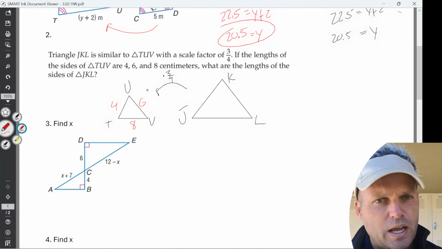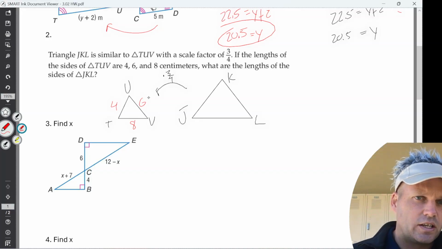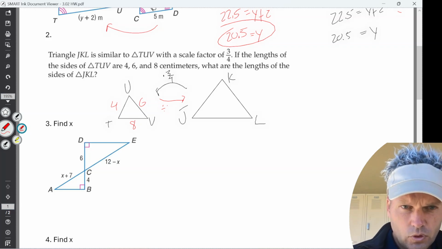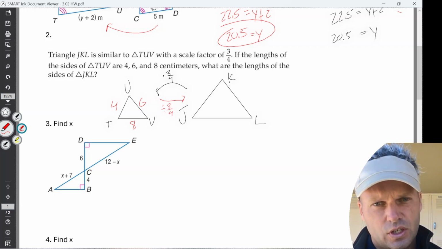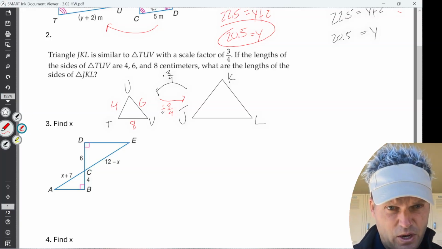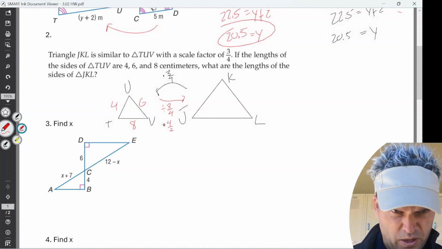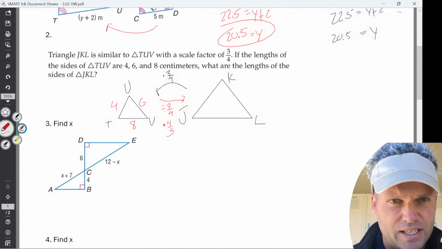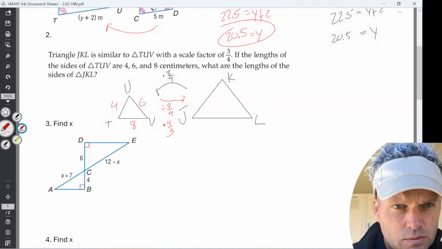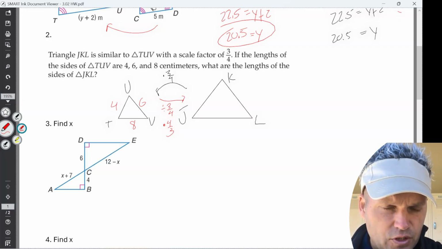Well, if you're going to multiply by 3/4 to get from the bigger triangle to the smaller triangle, and this is tricky, you're going to divide by 3/4 to get from the smaller triangle to the bigger triangle. Dividing by 3/4 is the same as multiplying by 4/3. I should be multiplying my side lengths by 3/4. This is my understanding of how this question is written.